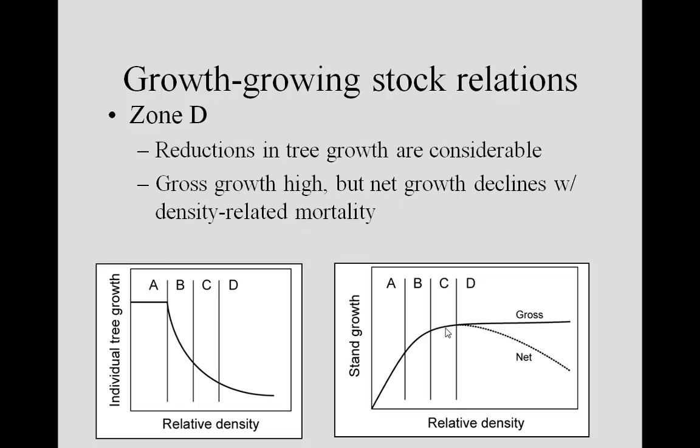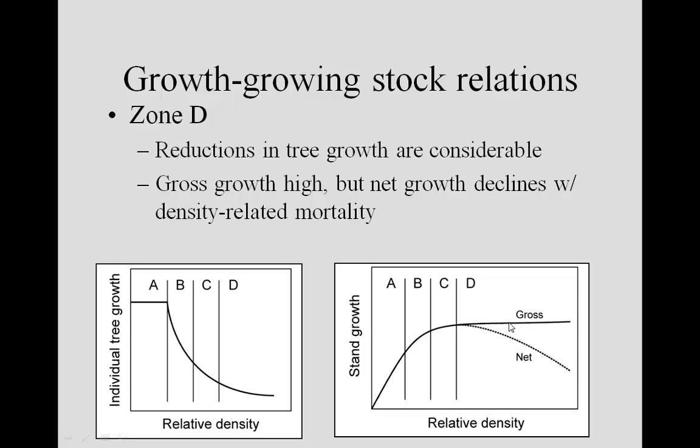We finally get to a plot, and it currently has this relative density. Again, reductions in individual tree growth are considerable. These trees are growing very slowly, certainly compared to what they could be for this species, site and age. And on a stand basis, gross growth is high. Now this is everything.